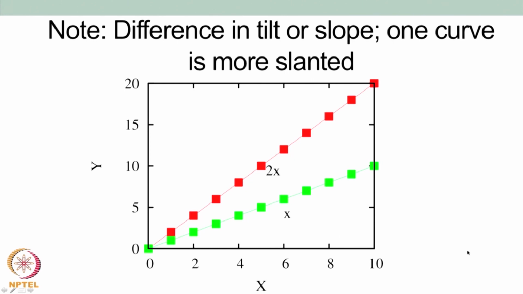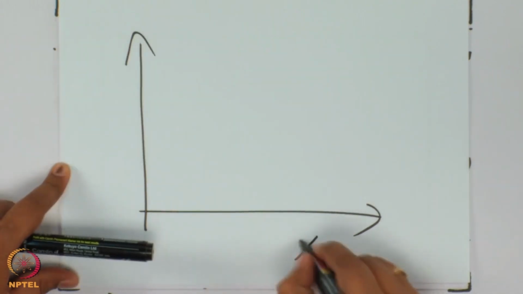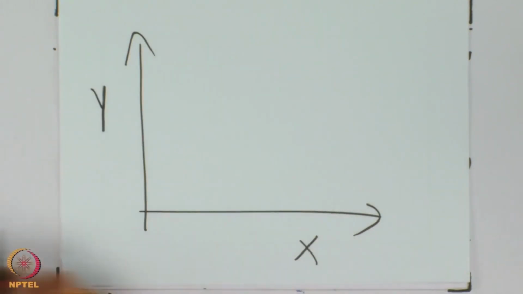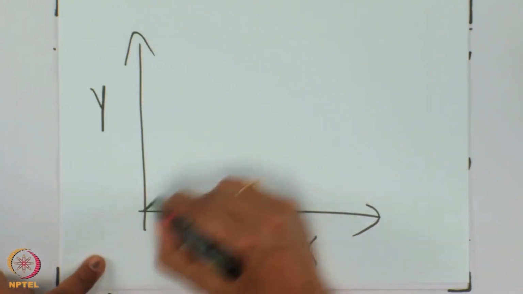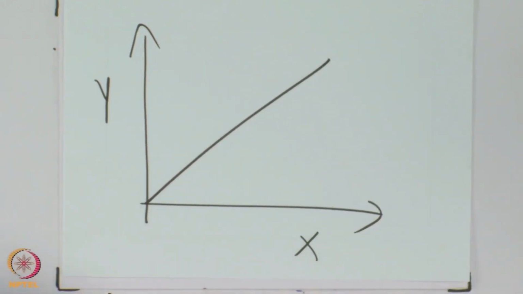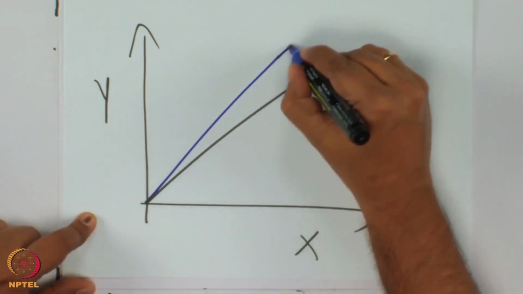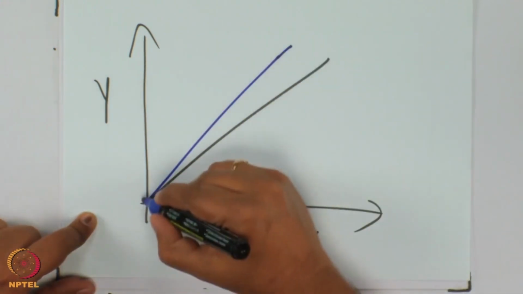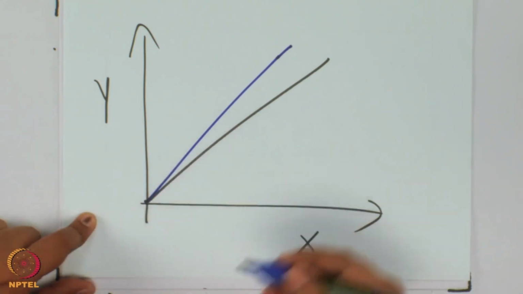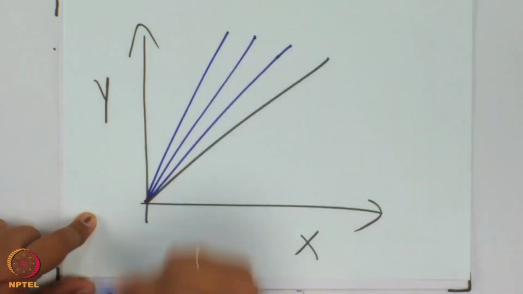So, if you plot, we have x and y, and first we have, let us say, y is equal to x, and we said y is equal to 2x is slightly more slanted than this, and y is equal to 3x, try plotting, this would be more slanted, 4x, right.